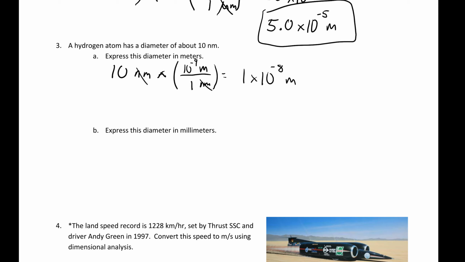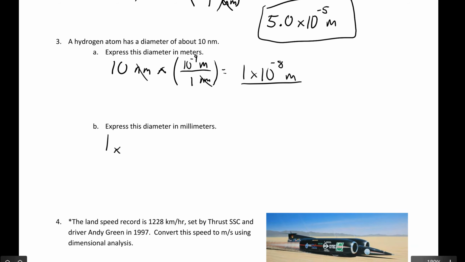Now we're going to express this diameter in millimeters. So we could go from nano into milli, but since we already have it in the base unit of a meter, let's do that. So you write down the number 1 times 10 to the negative 8 meters. Then you multiply by your parentheses. Okay, meters are in the numerator, so we'll put them in the denominator so they cancel out, and we want to go into millimeters.